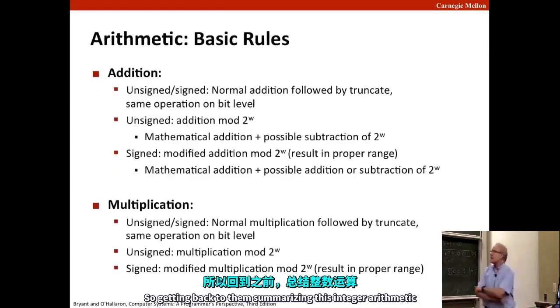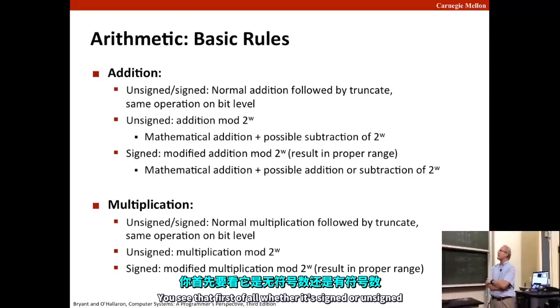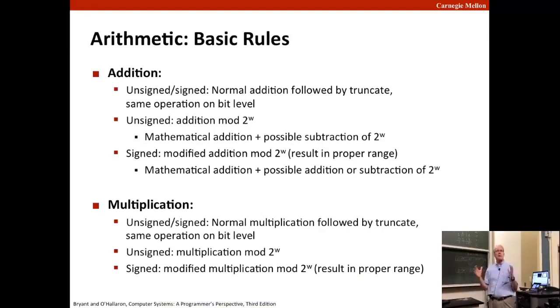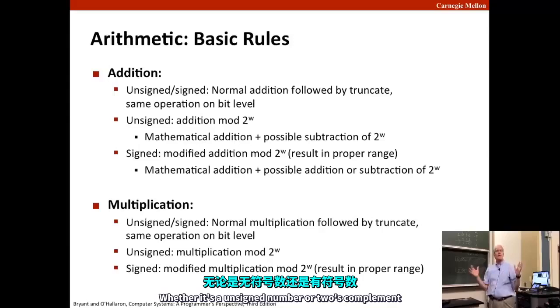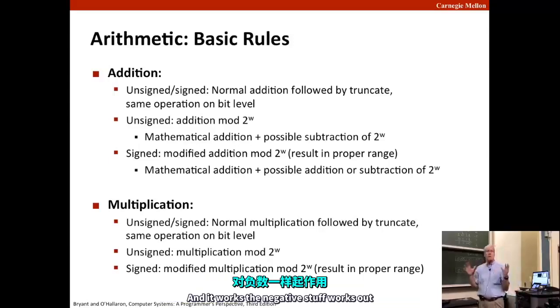So getting back to then summarizing this integer arithmetic, you see that, first of all, whether it's signed or unsigned, the addition or multiplication operations are the same, whether it's an unsigned number or a 2's complement. And it works.